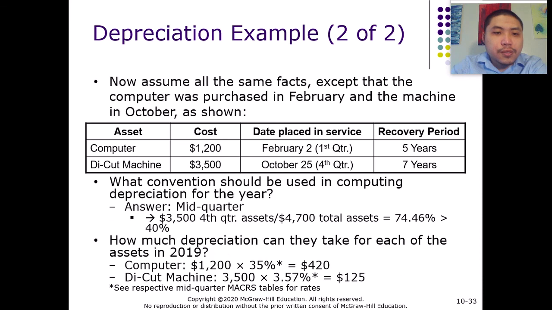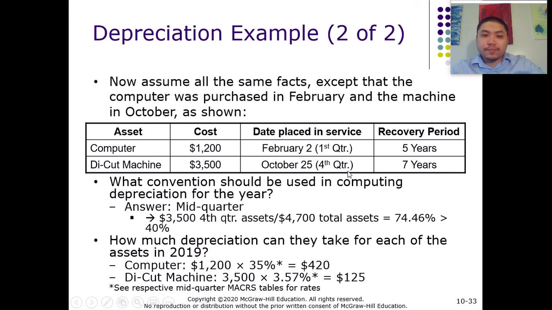Right. And then they say assume that now the placed in service dates switch between these two assets. Now the computer is placed in the first quarter, and the machine is placed in the fourth quarter.